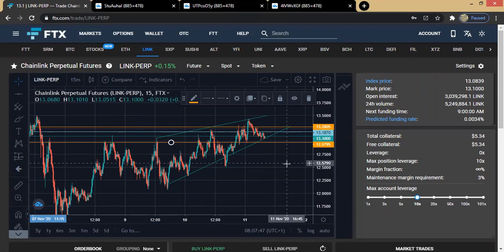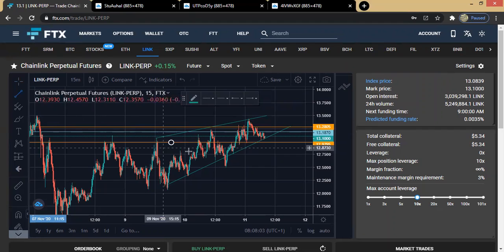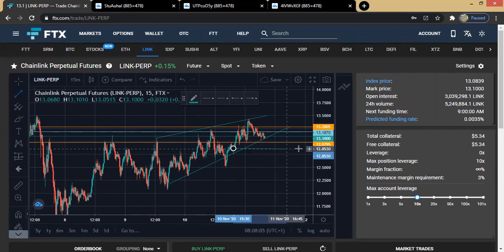This is just an explanation class, sort of. I'm believing that if price gets to 12.9795, it is going to drop more, and that the place it will drop to should be around here.